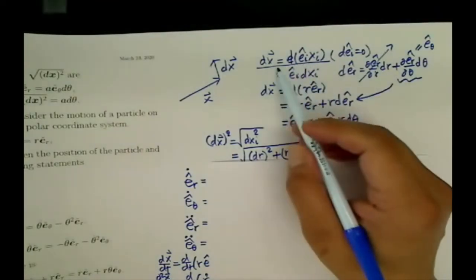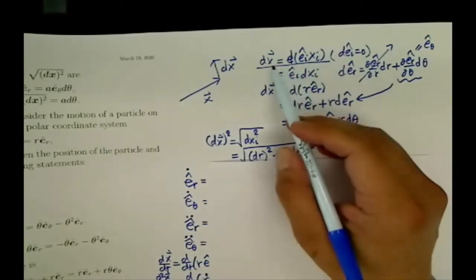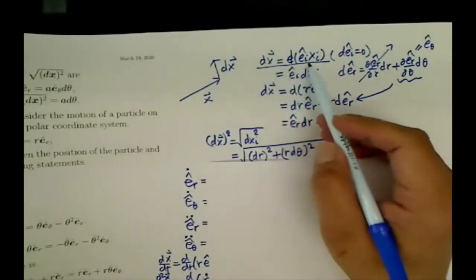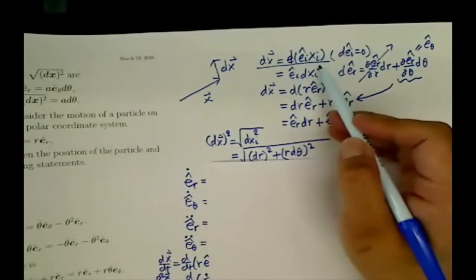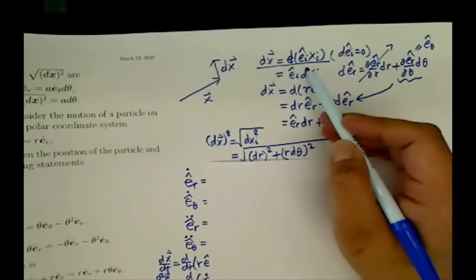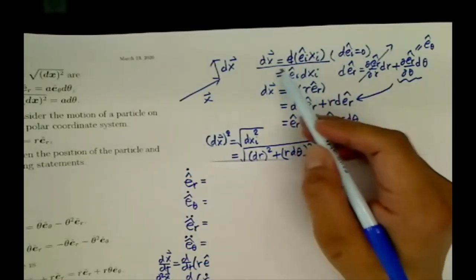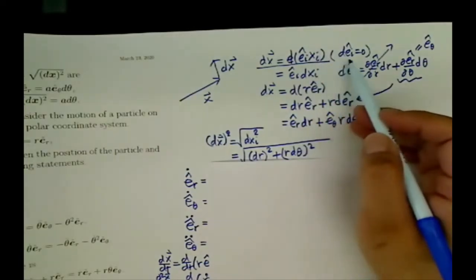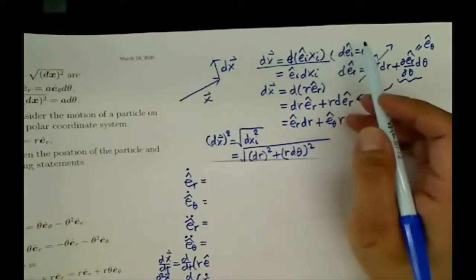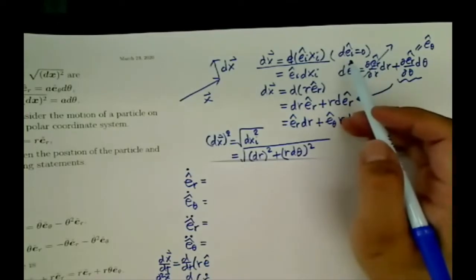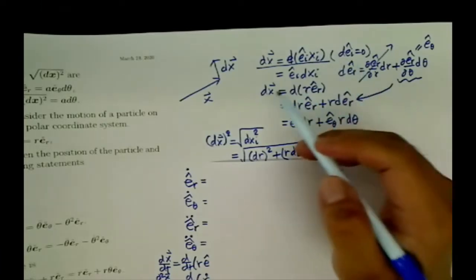In the case of Cartesian coordinates, this differential is a product of a unit vector ei hat and component xi. We know that ei hat does not change at all, so the differential contains the first term dei hat multiplied by xi, but that one vanishes.